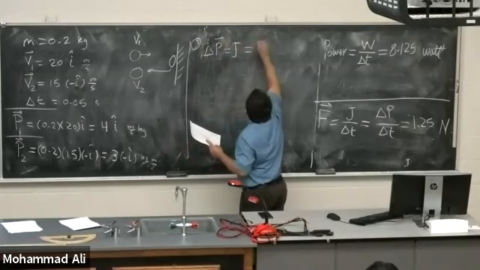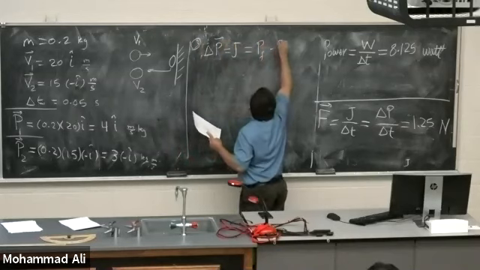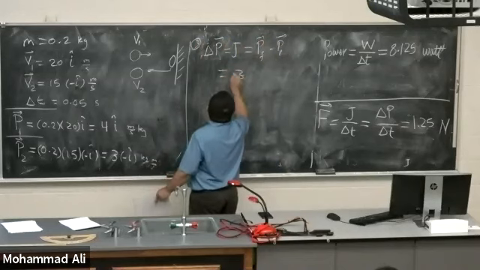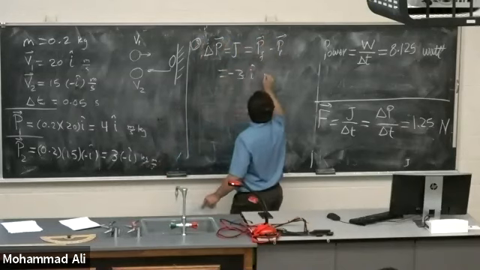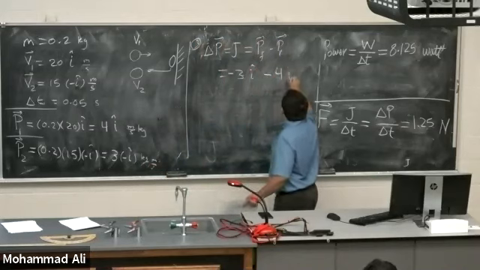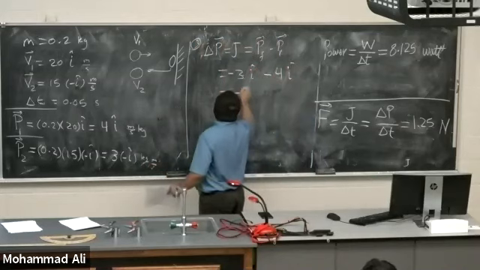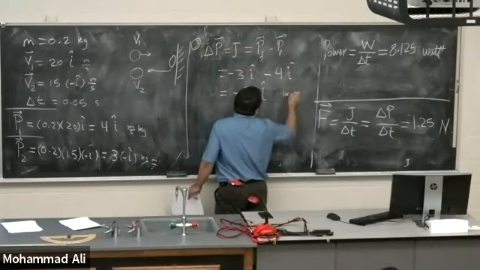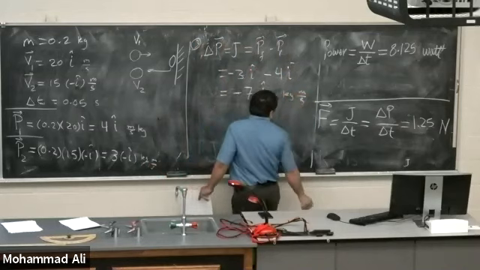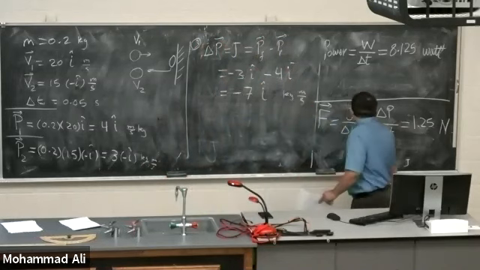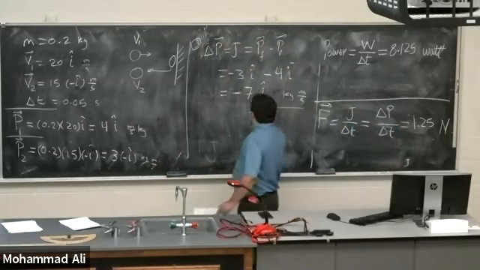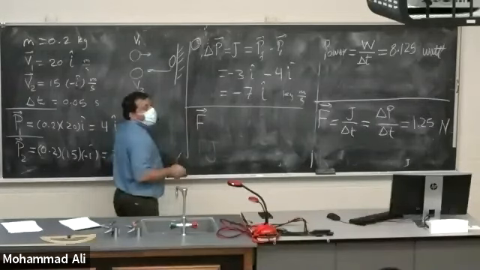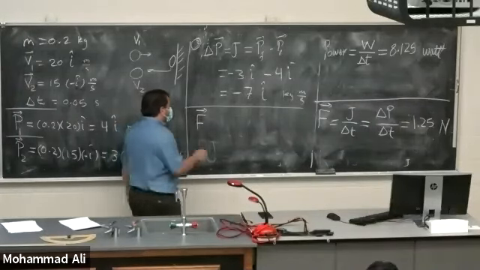It is P final minus P initial, which is equal to 3 with a minus sign i, minus 4 i. It will be negative 7 i kilogram meter per second. It's simple. What about the force? After finding the force, we will talk about it.